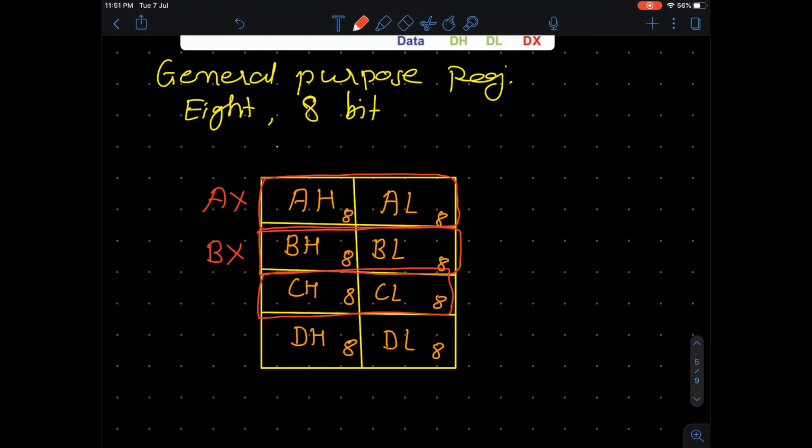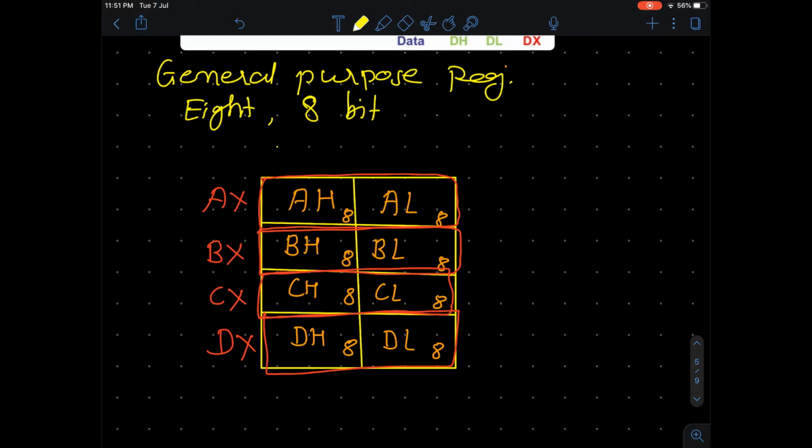CH and CL is referred to as the CX register, and this is referred to as the DX register. So we can say that there are 8 8-bit registers, or we can say that there are 4 16-bit registers.